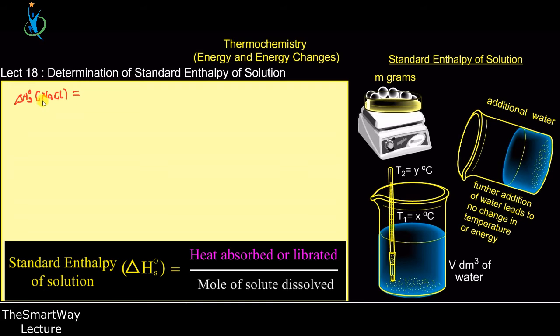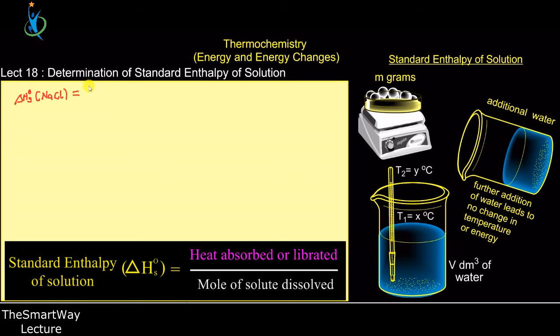And so since we are going to dissolve it in water, there is some amount of energy that will either be liberated or absorbed, and so we have to be able to quantify that energy.